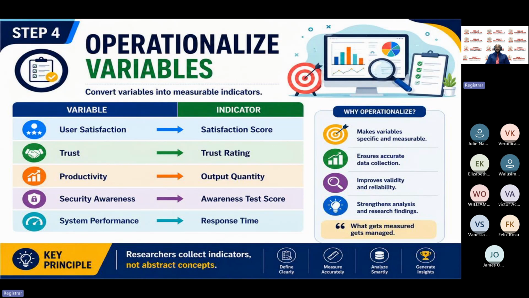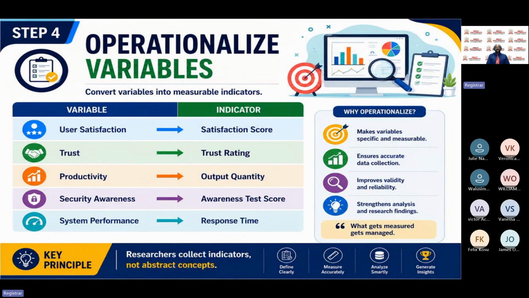So ensure accurate data collection happens. This will improve the validity and reliability of the data. And if you have reliable, valid data, this strengthens your analysis and research findings. So you cannot see a difference up to now in social science or in ICT research.